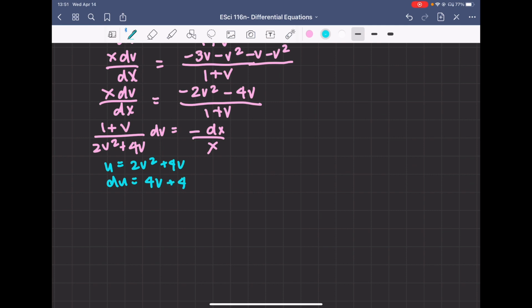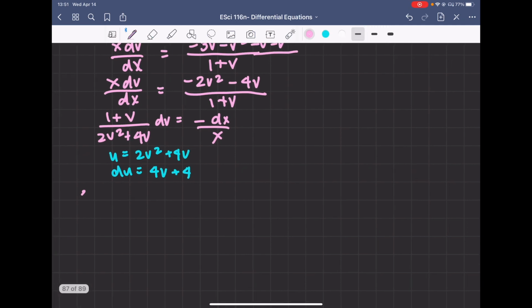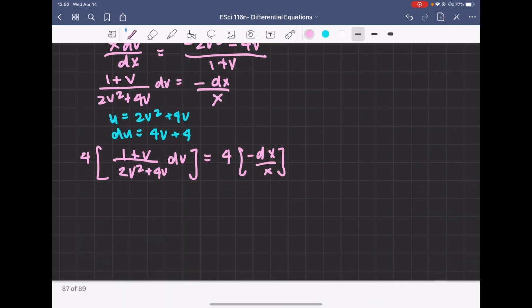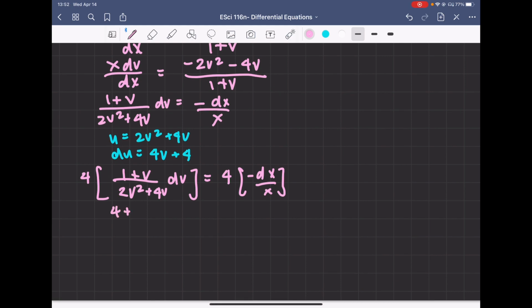So yes, we can multiply both sides by 4 so that we can use u substitution. So that's 4 times 1 plus v over 2v squared plus 4v dv is equals to 4 times negative dx over x. So that's 4 plus 4v all over 2v squared plus 4v dv is equals to negative 4 dx over x.